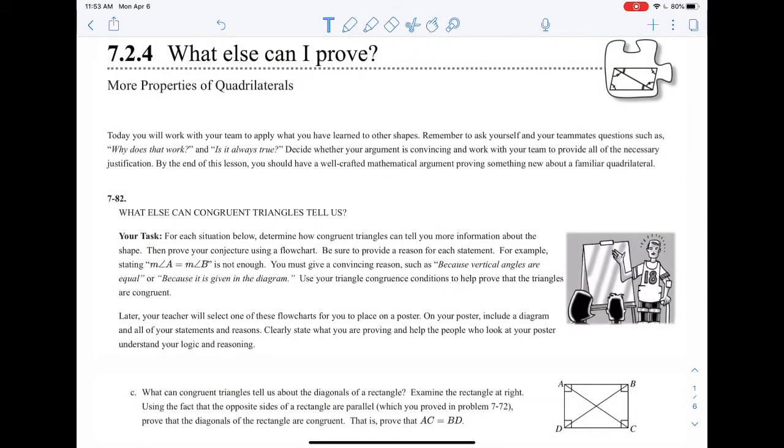Lesson 7.2.4. What else can I prove? More properties of quadrilaterals. You know what to do. Hit pause, read through the lesson introduction and problem 7-82, and then hit play. So as you read, this problem is meant to be completed with a team of students.